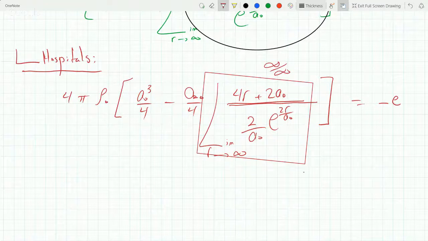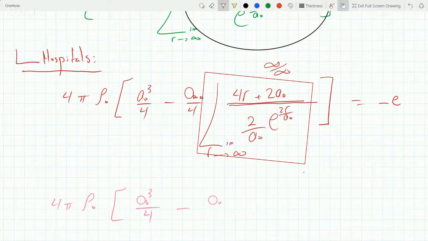So now we will get 4 pi rho 0 a0 cube. I mean, the answer will be 0, but I just want to show you the process. So minus a0, because at the end of the day, the exponential will be much larger than a polynomial, and since the exponential dominates and is in the denominator, it will drag the whole thing to 0.